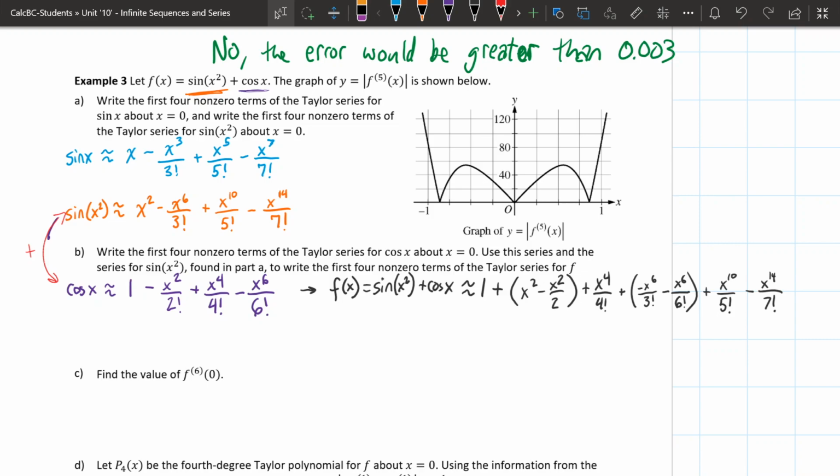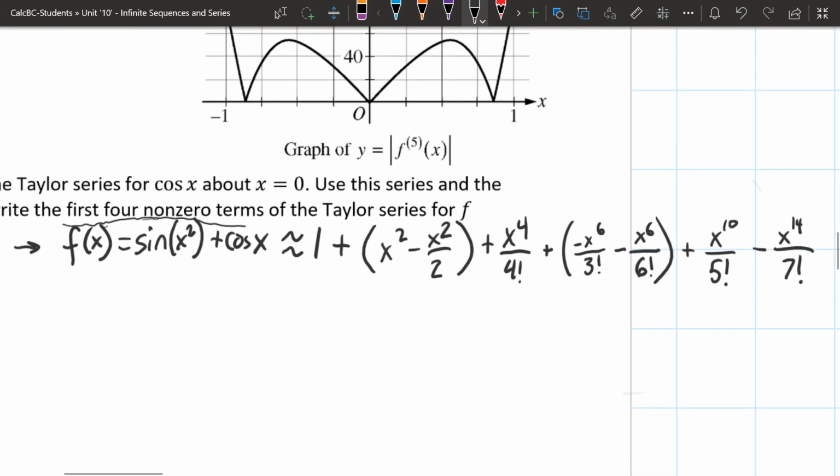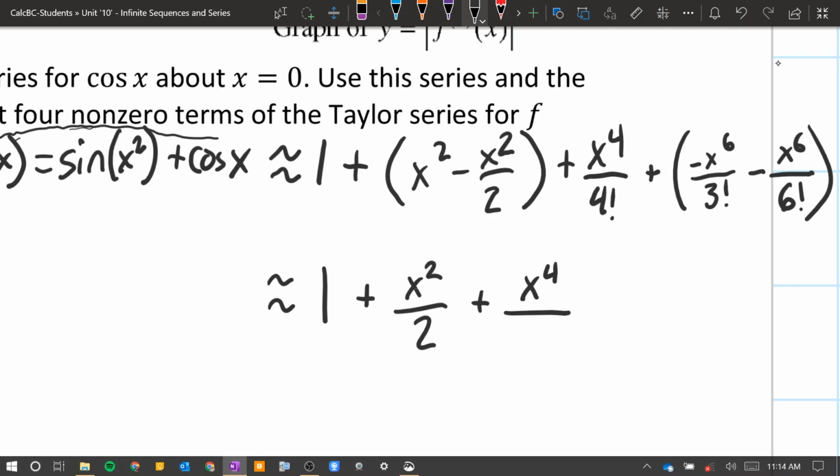Let's simplify that a bit. And also it says, let's see, what does it say? Use a series and write the first 4 non-zero terms. So we've got way more than 4 terms there, so we're not going to need all of these. Let's see what we can pare this down to. All right, we still have 1. That's our only constant. X squared minus half of x squared is just half of x squared. And we've got our x to the 4th over 4 factorial, which is 24.